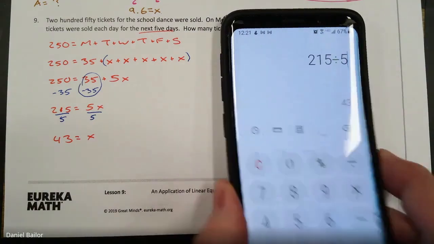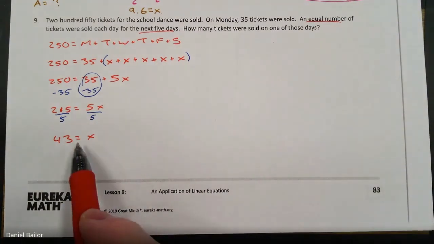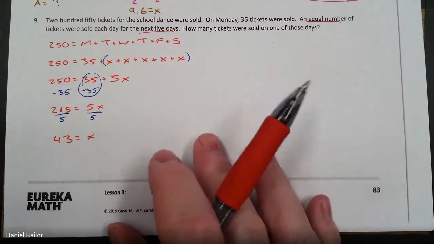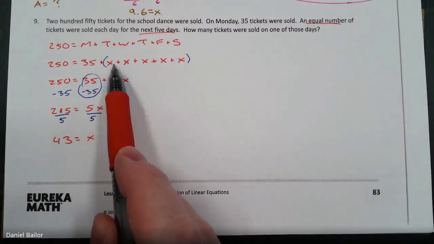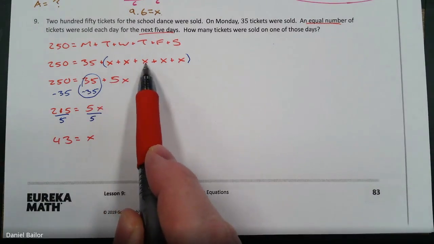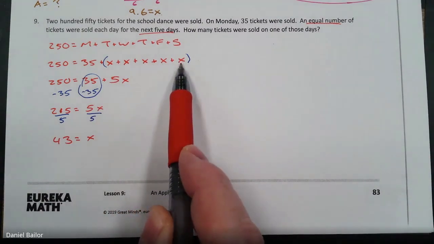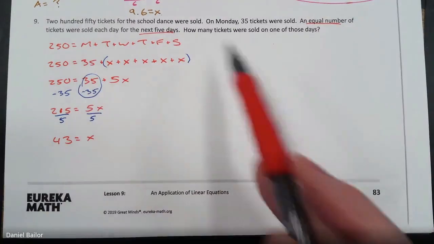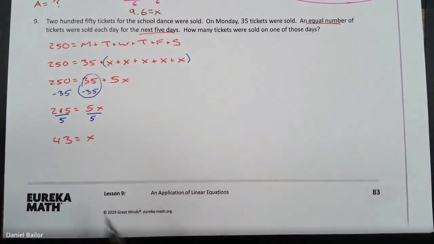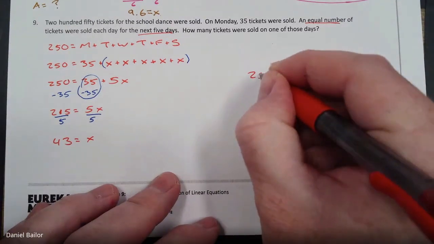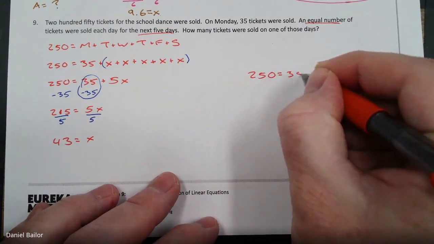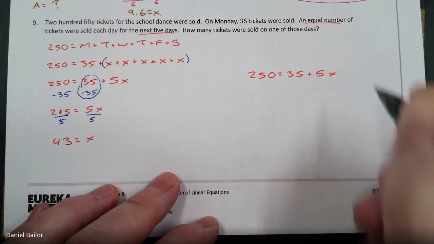So I was correct. So X equals 43, which tells me that they sold 35 tickets on Monday, 43 tickets Tuesday, 43 tickets Wednesday, 43 tickets Thursday, 43 tickets Friday, 43 tickets Saturday, because it has to be equal all those days. So my equation, after I simplified, was 250 equals 35 plus 5X.